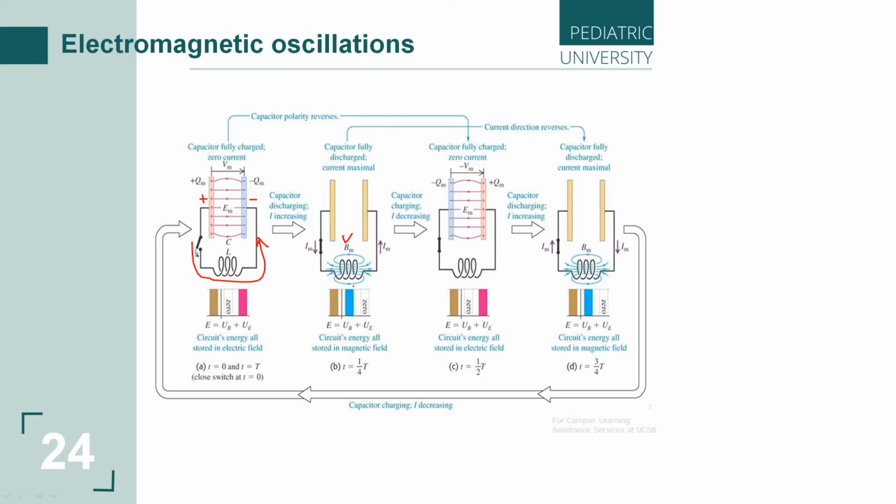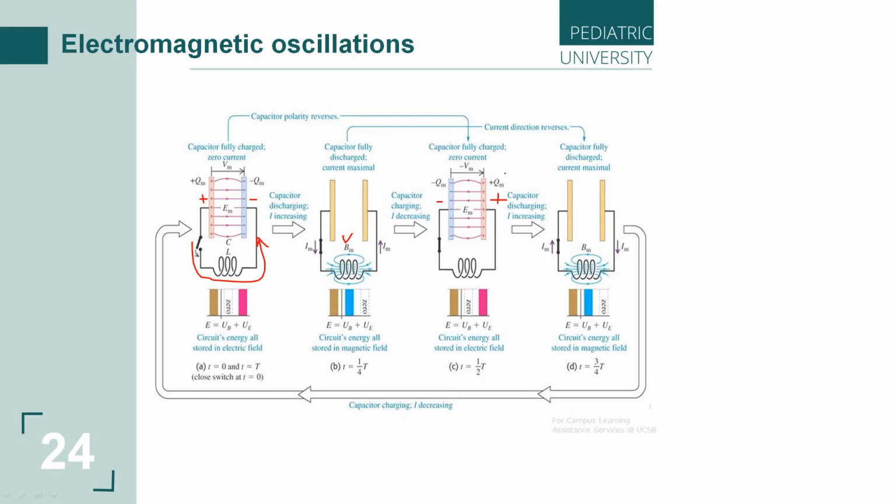Then the situation does not stop. What happens after? The capacitor is charged again and the sign on the plates is reversed. The left part was plus, now it's minus. Don't forget, it's opposite, because the current comes from plus to minus, and plus comes onto this plate.